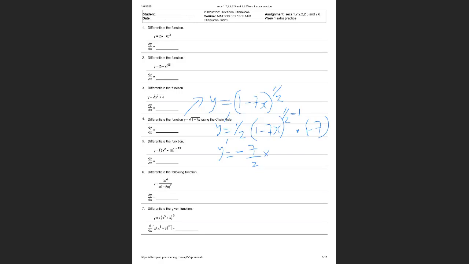Then I have 1 over, this time I'm going to write square root because I have negative. First of all, I put it in the denominator because it's to power negative 1/2. So I have 1 minus 7x. And so this is going to be my final answer. You can rewrite it one more time, but this is going to be the final answer.